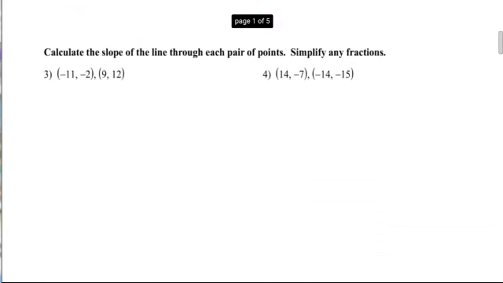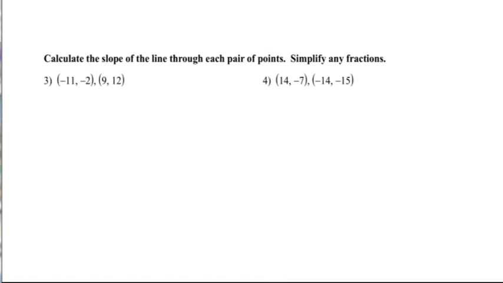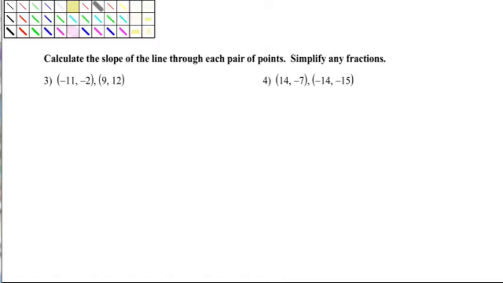The next two problems are asking us to calculate the slope of the line through each pair of points, and importantly, we need to simplify any fractions. With these, we decide which points we're going to use. We have a point 1 and point 2, and this enables us to label the x's and y's within those points.